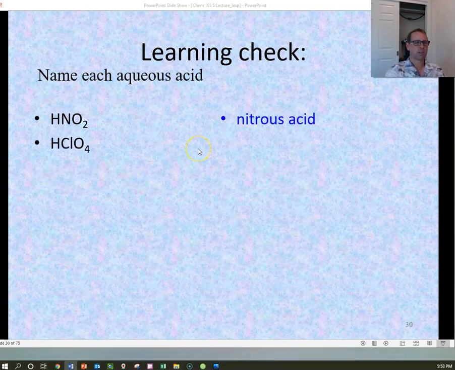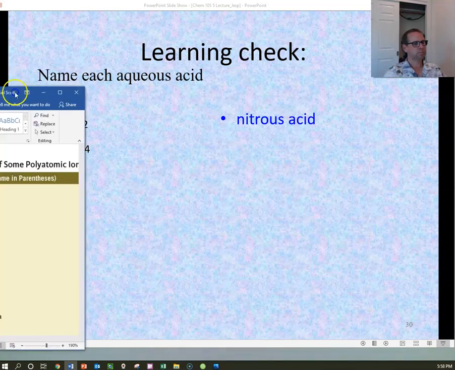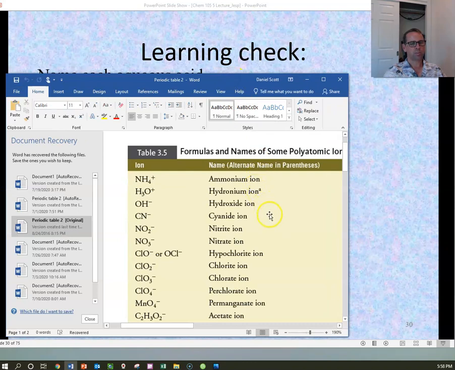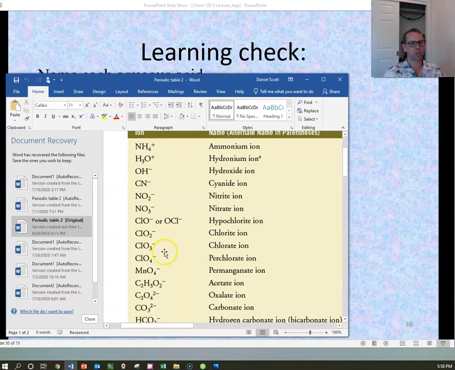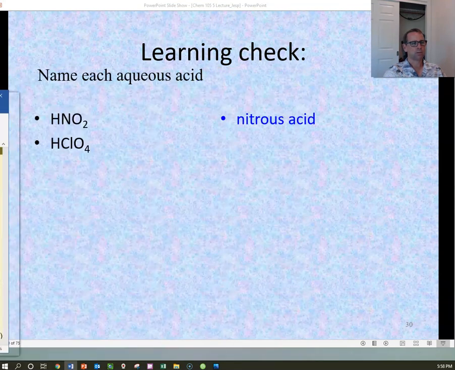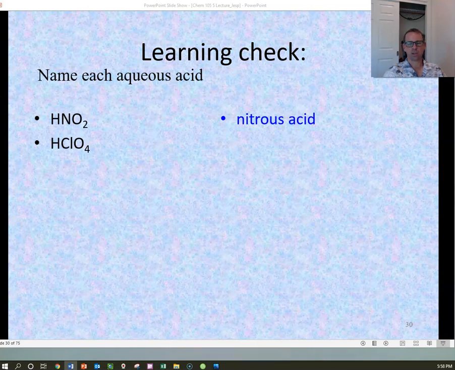How about this one? HClO4. It is an ate ion. Very good. Perchlorate. So ate goes to what?